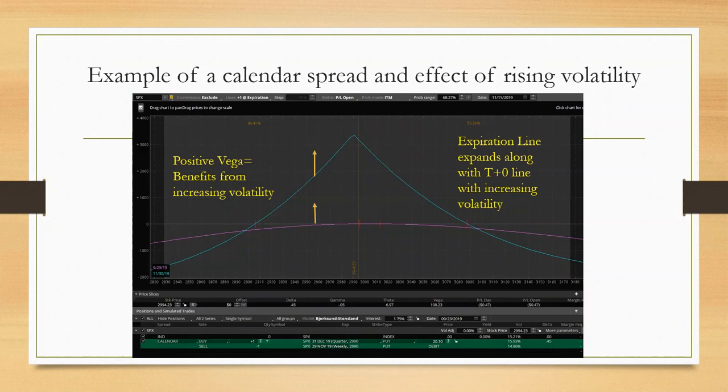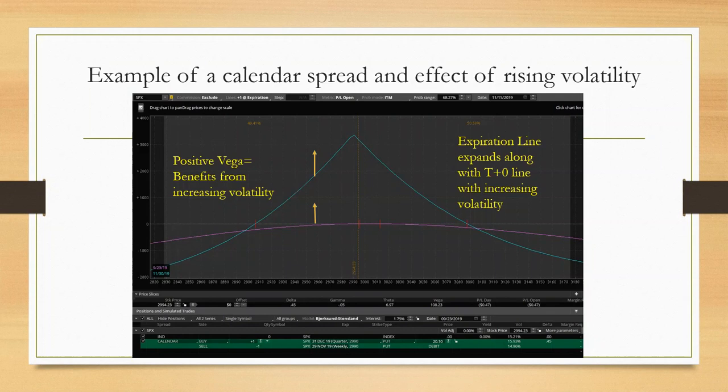I guess if I can repeat the question, it had to do with different legs having different volatilities. Yes, there are a lot of nuances, some of which may be beyond the scope of this discussion. I'm avoiding earnings plays because I'm just trading the SPX.